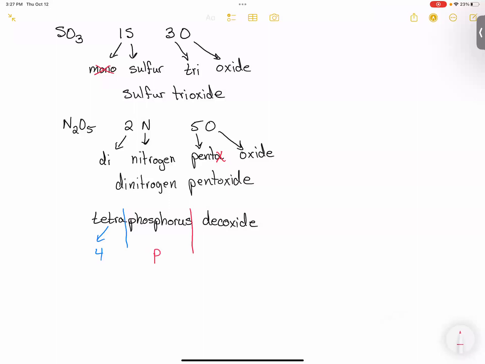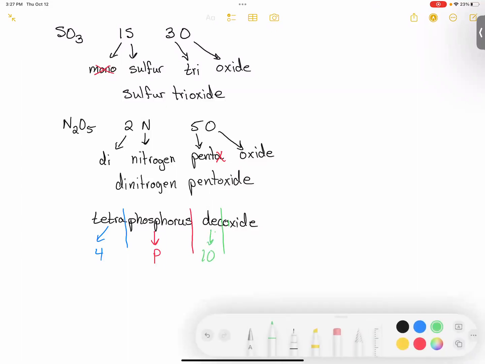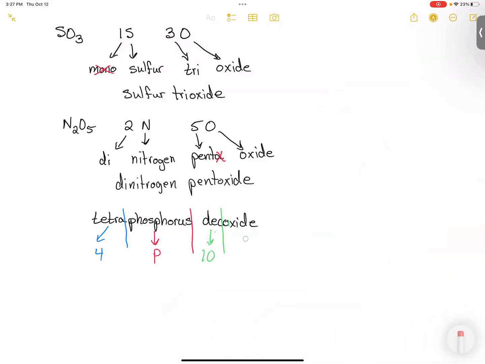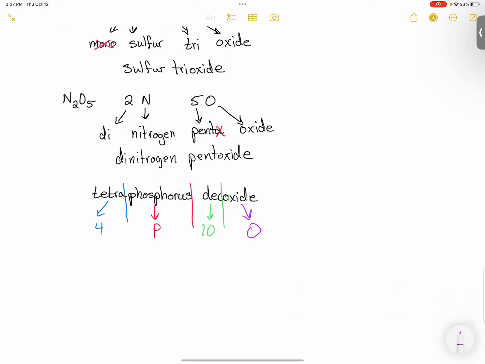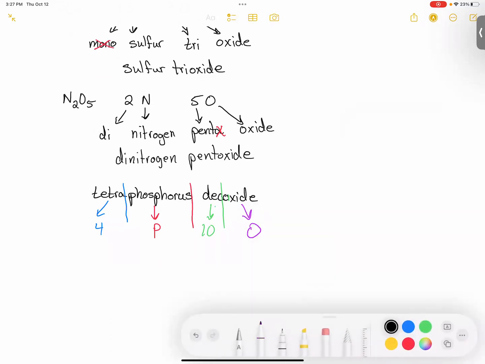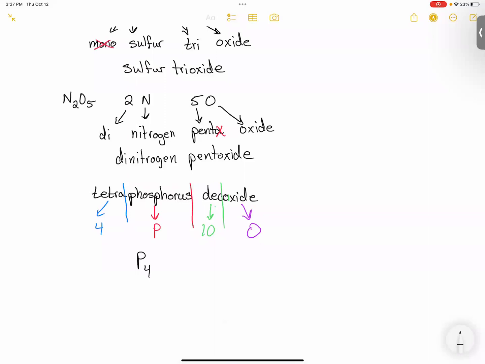Phosphorus, well, that's P. Dec means 10. And oxide means O. So the formula is P4O10.